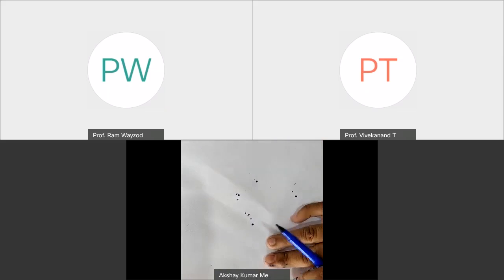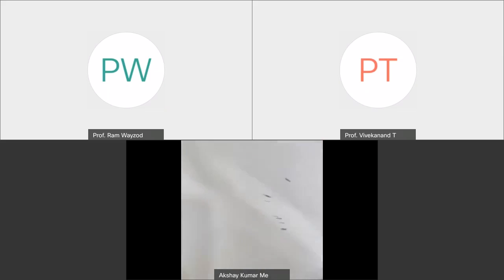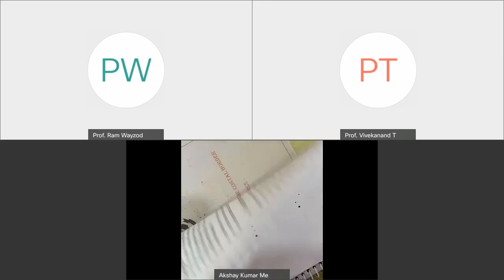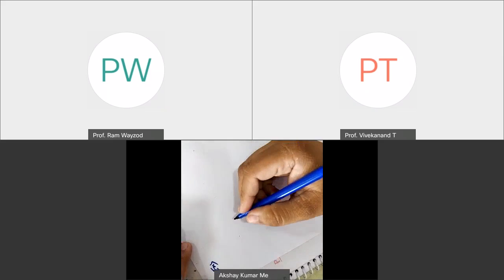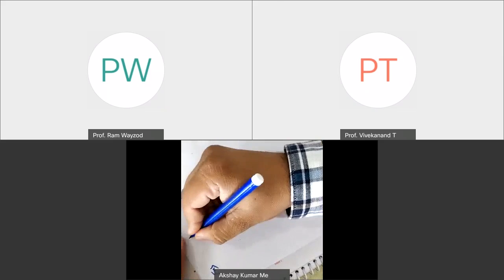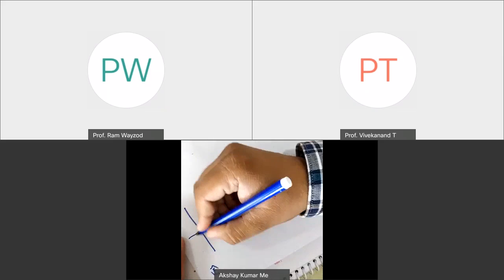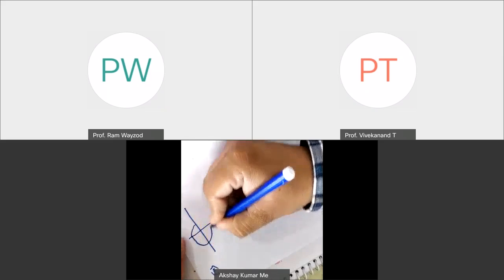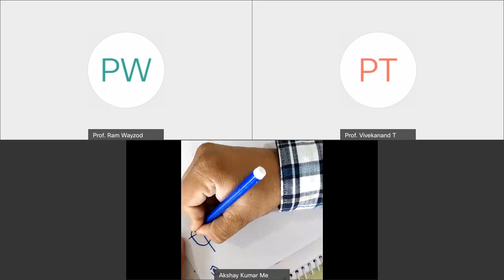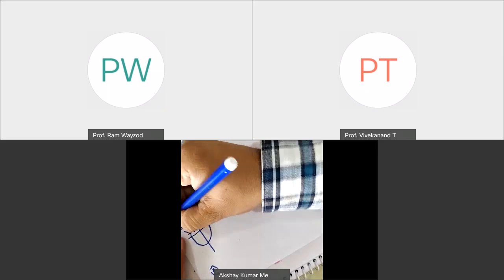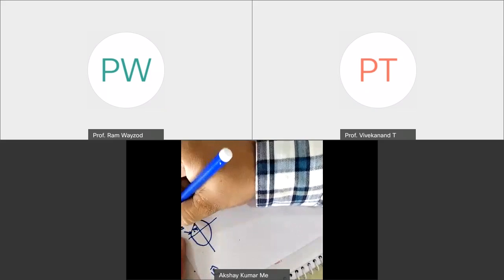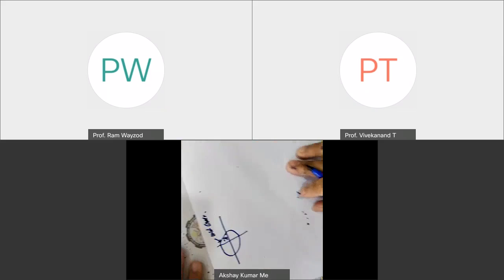Next example. Suppose a complex number z lies inside the unit circle.